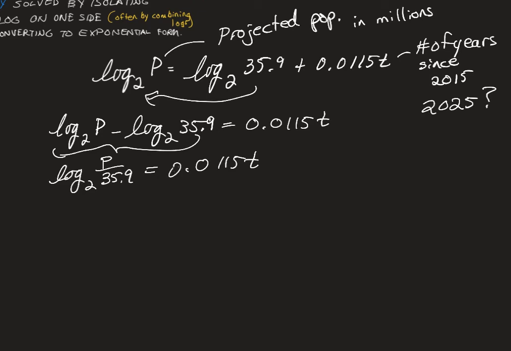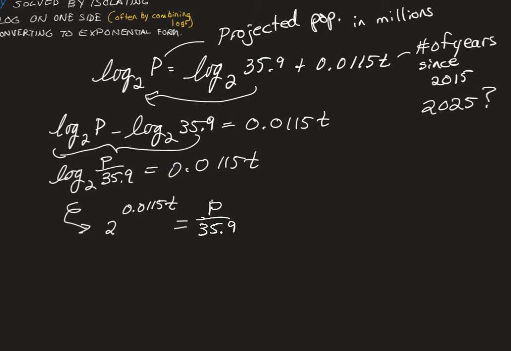Okay. At this point, I have a single logarithm. I can convert it now to exponential form. So 2, that's the base, to the exponent of 0.0115 t equals p over 35.9. Now, there was one thing we had in our setup.